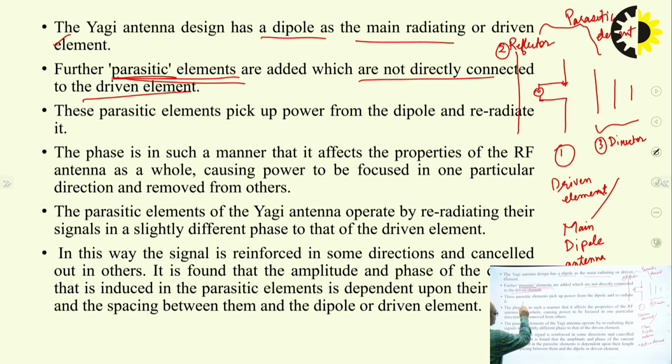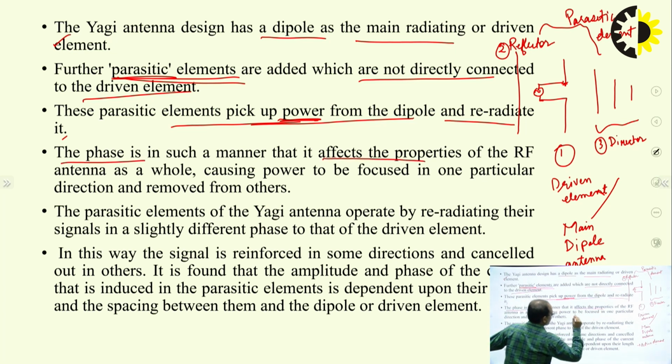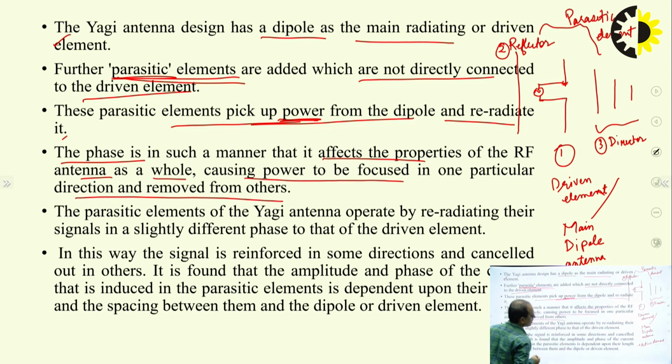These parasitic elements pick up their feed, which is power, from the dipole and re-radiate it in the forward direction. Clear? Now when these are radiated in the forward direction, the phase matters, and the phase is in such a manner that it affects the property of the RF antenna as a whole, causing the power to be focused in one particular direction and removed from the others.